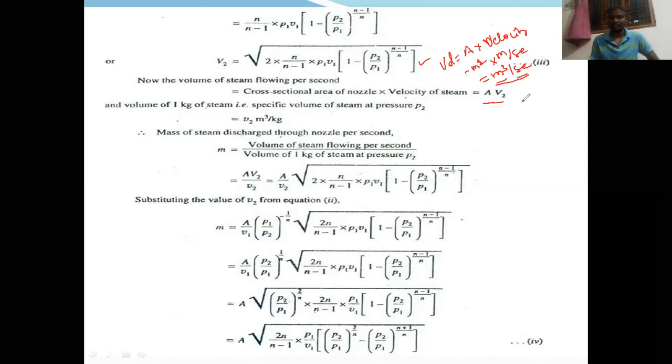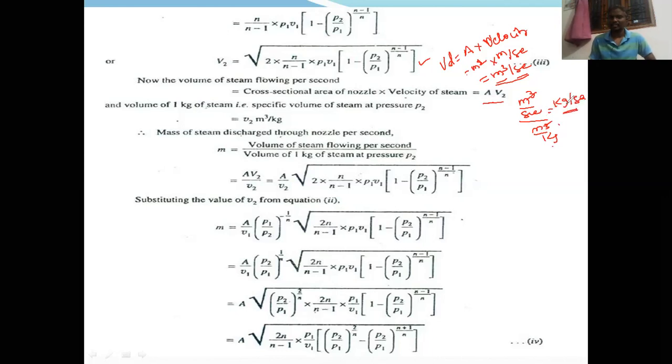For example, meter cube per second, that is volume flow rate, divided by the specific volume of the steam. What is specific volume of the steam? That is meter cube per kg. So meter cube will get cancelled. It becomes kgs per second, with kg as the numerator and second as the denominator.